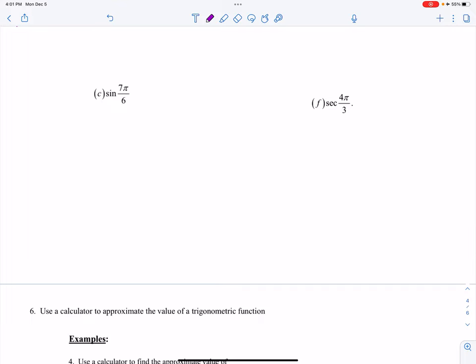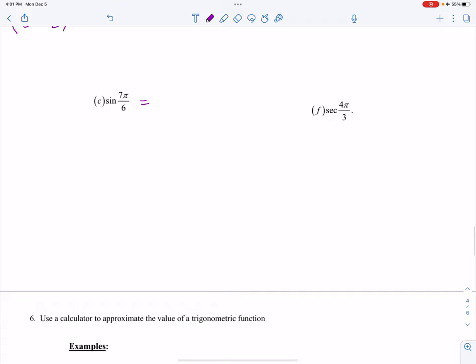Let's do sine of 7 pi over 6. Well, what do we know about sine? We know that sine t is our y value. So where is 7 pi over 6 on our unit circle? If you want to pause and find it, that way you are giving it a try, that'd be awesome. 7 pi over 6 is right here.